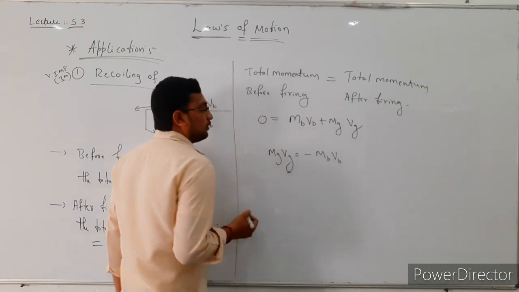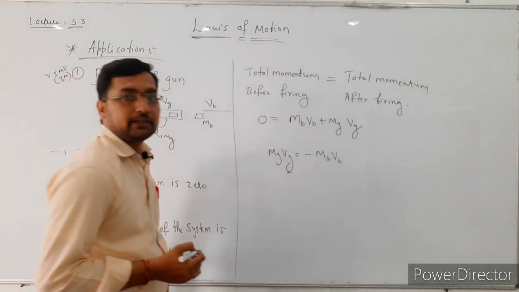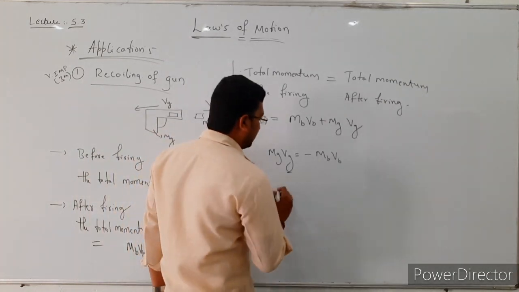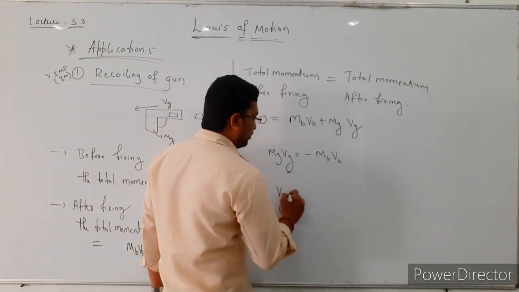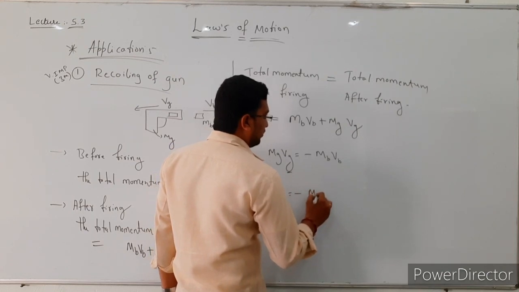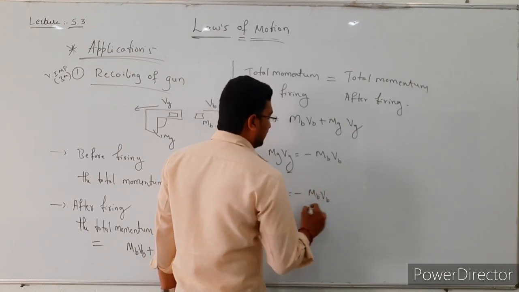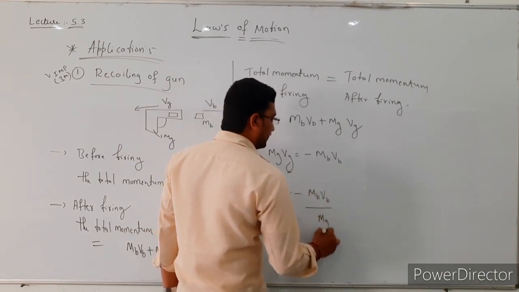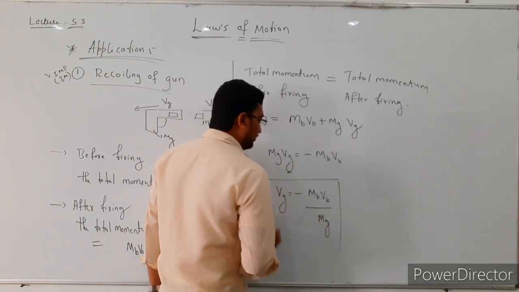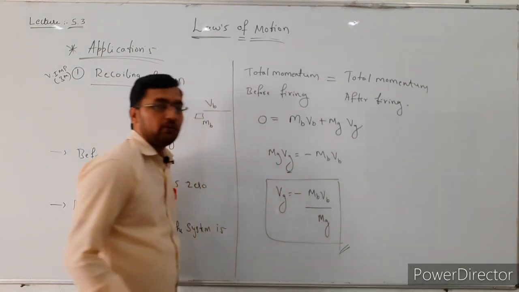In this case, we want to calculate the velocity of the gun, which is known as the recoil velocity. So Vg is equal to minus the mass of the bullet into the velocity of the bullet divided by the mass of the gun. We use this expression to find the recoil velocity.